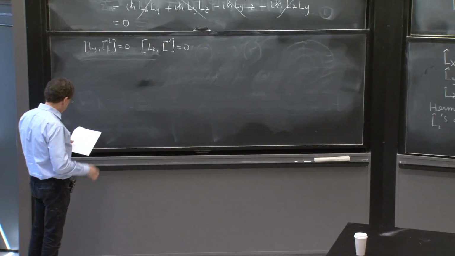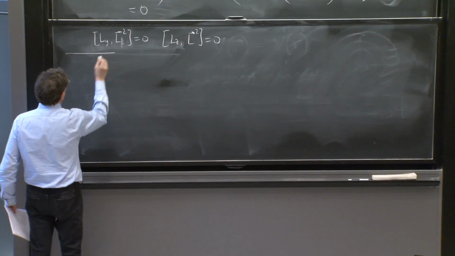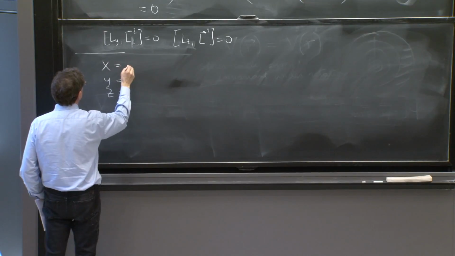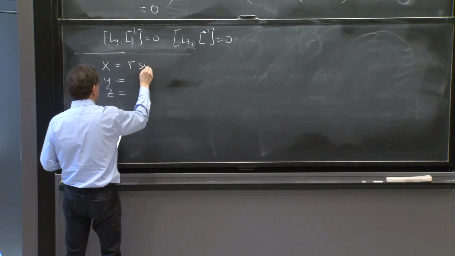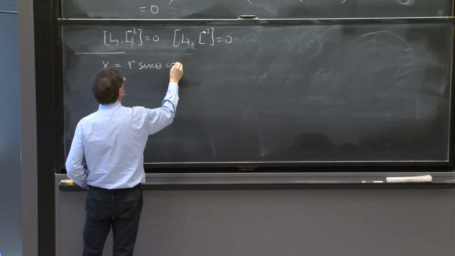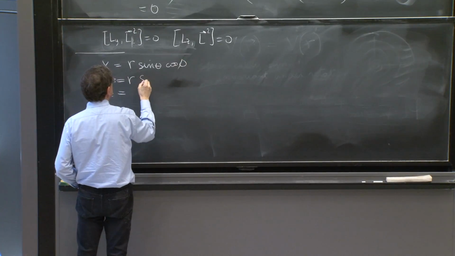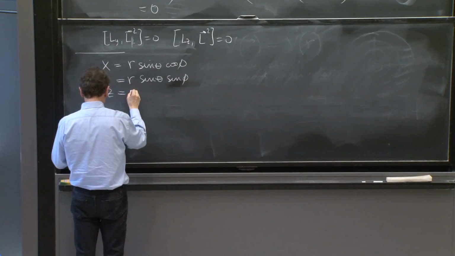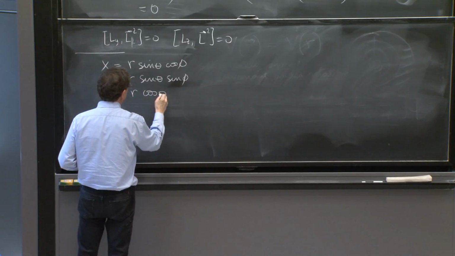So x, y, and z are your spherical coordinates, and they are r sine theta cos phi, r sine theta sine phi, and r cos theta.